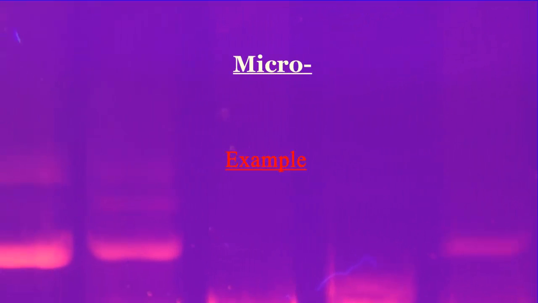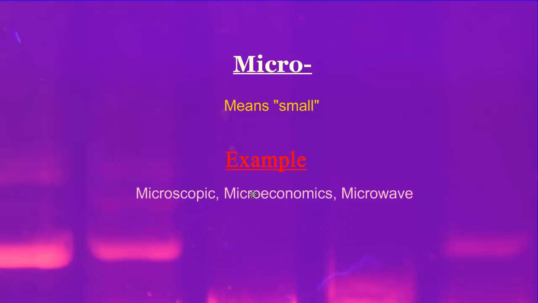Micro. Micro means small. Micro could be used in words like microscopic, microeconomics, and microwave, all referring to some very small things. From micro, we move to macro. They tend to be opposites. Micro means small. Macro means large.